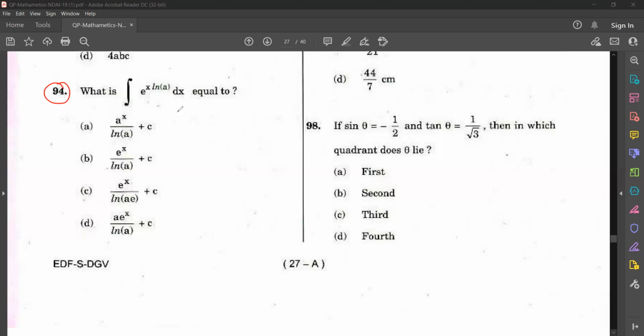Did you get the answer? Okay. Let's see how to do.